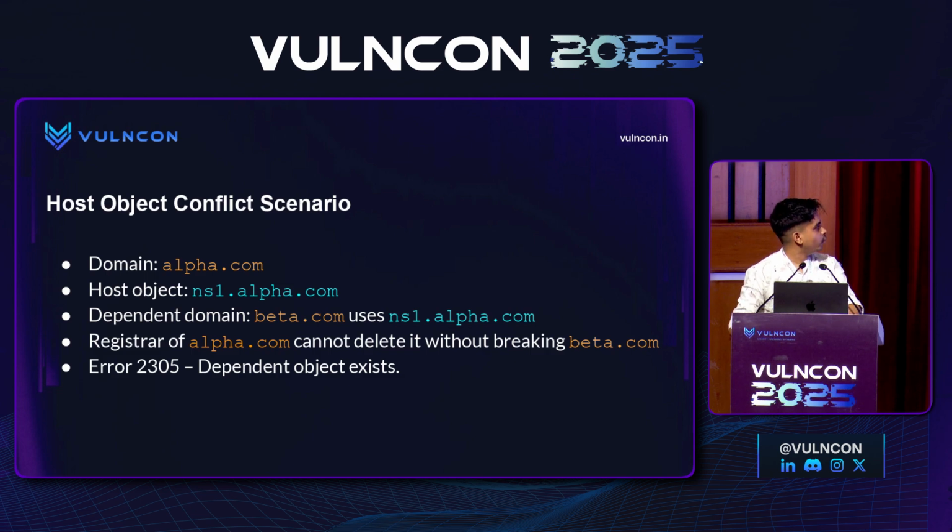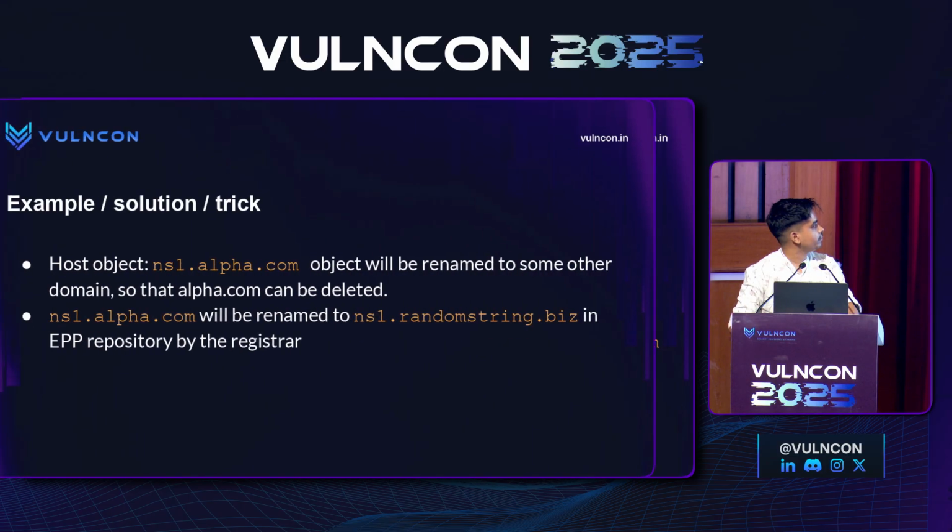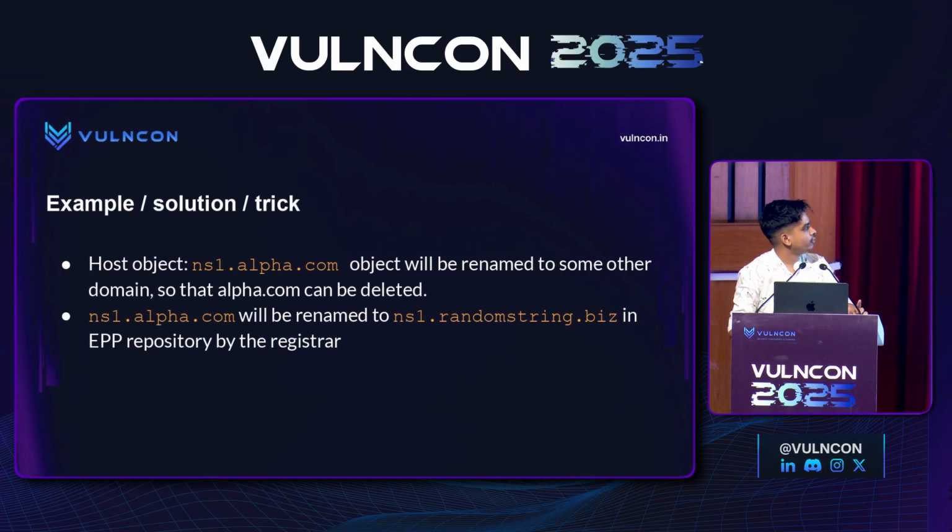I'll give you one example here, which will make things a bit more clear. Okay. So let's say there are two domain names, alpha.com and beta.com. Both of them use the same set of name servers, ns1.alpha.com and ns2.alpha.com. Now, alpha.com forgot to renew, so it needs to be deleted.